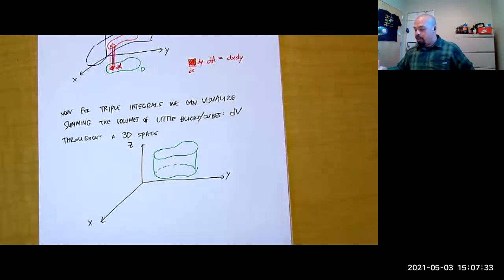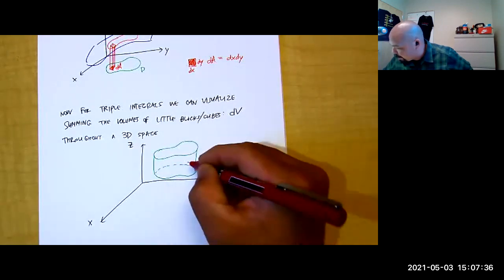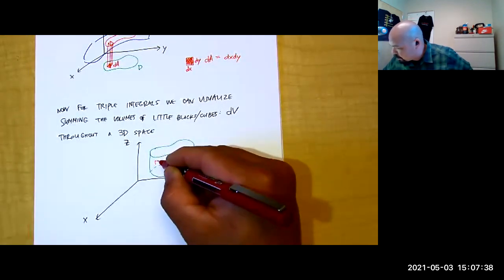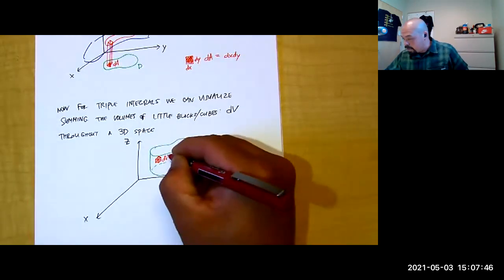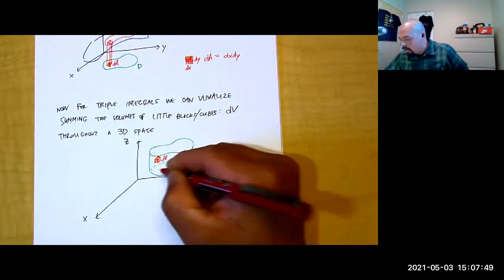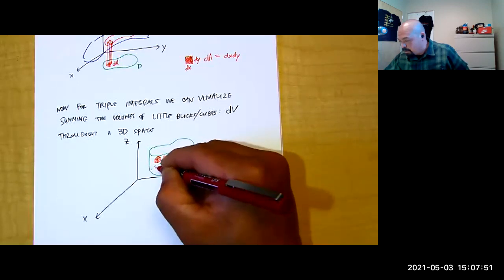Now what we imagine doing is that we're going to have inside of this little cube, this little dV. And we're going to take those throughout and start to build up.